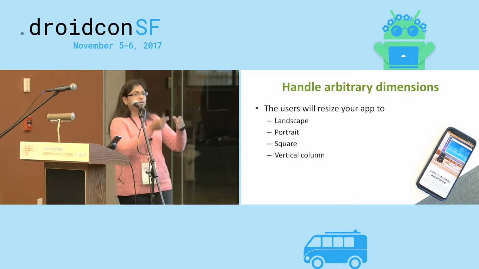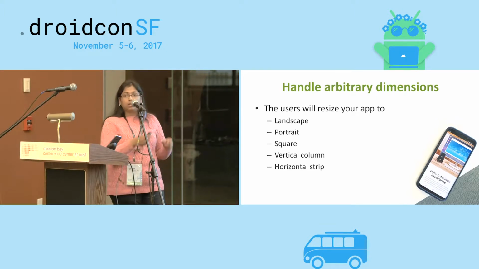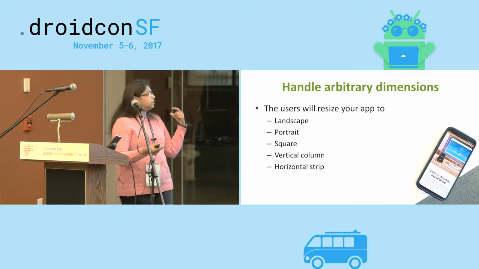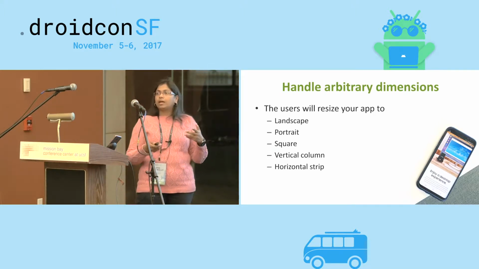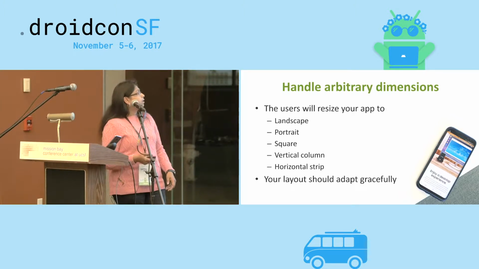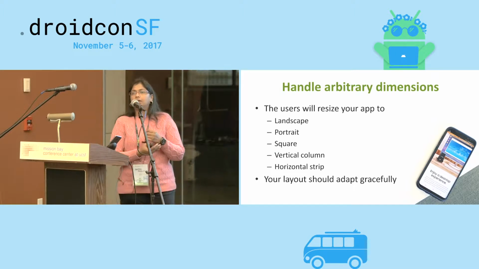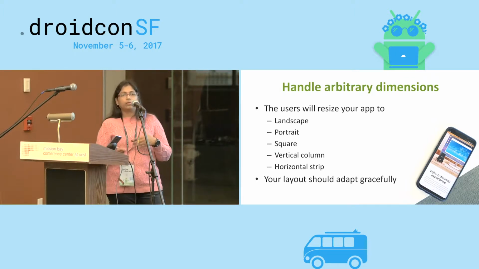And the user will be able to even make it into one vertical column, or a horizontal strip. So you need to consider all these things and handle arbitrary dimensions so that they adapt gracefully. That is another point: apart from providing alternative resources, these are things that you need to consider.